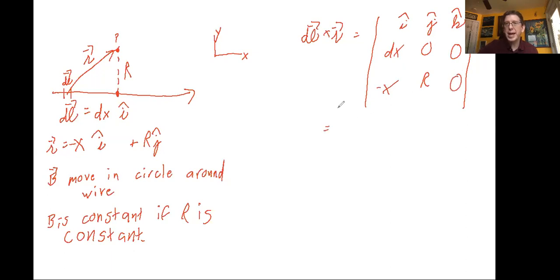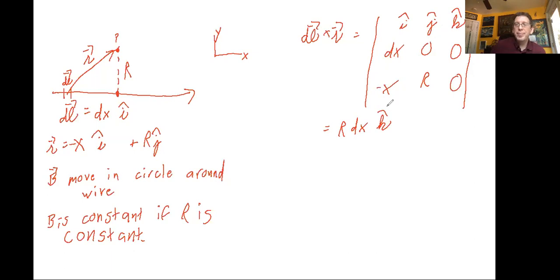So let's evaluate that. In the i direction, that's 0 times 0, which is 0, minus 0 times R, which is also 0. So there are no components in the i direction. In the j direction, 0, negative x minus dx 0. So there are no components in the j direction. There are only components in the k direction, and that's dx times capital R, and then minus 0. So that becomes R dx k hat.